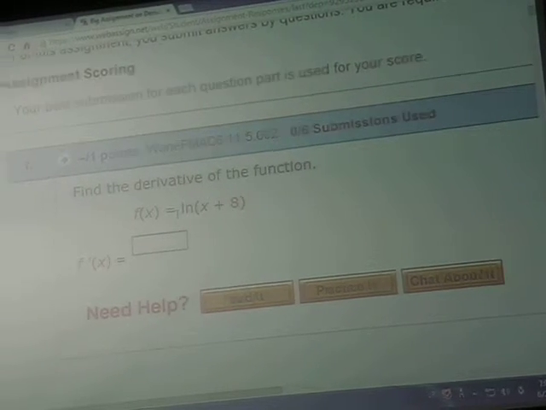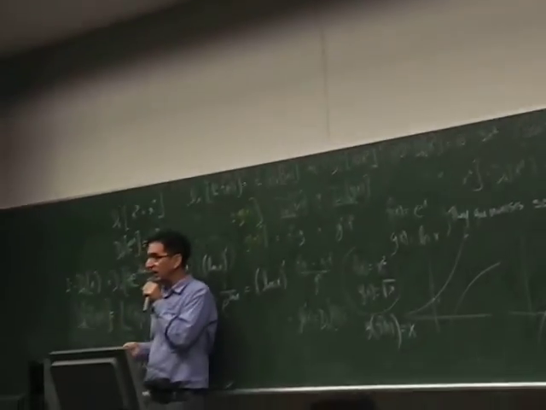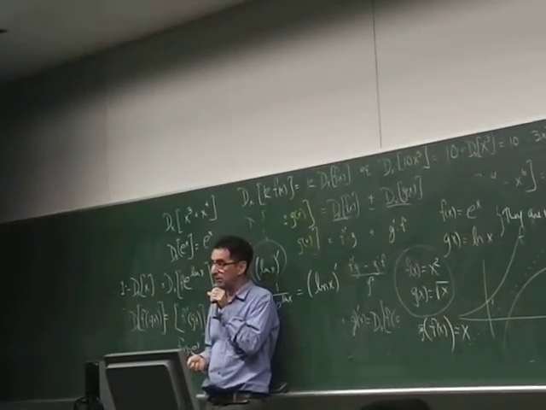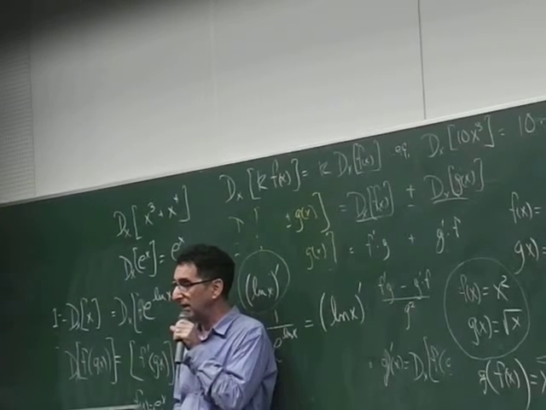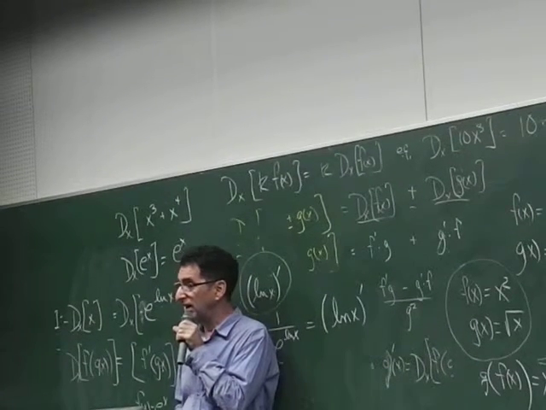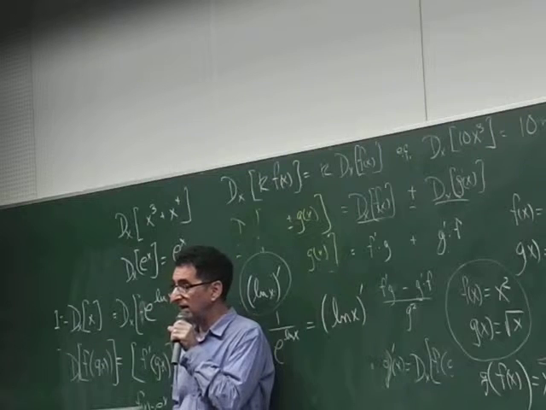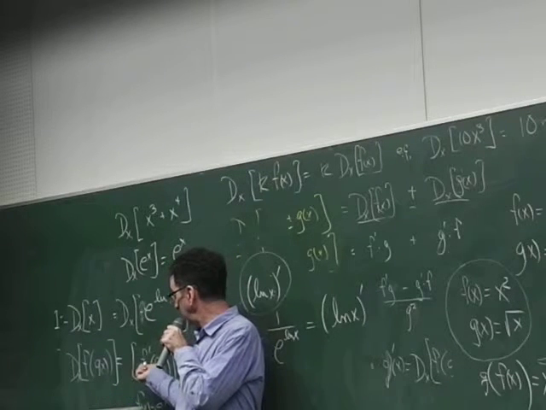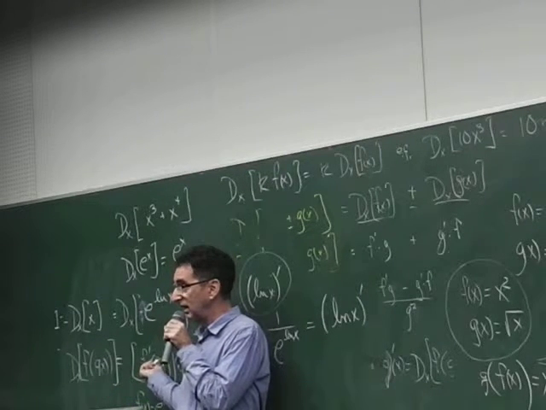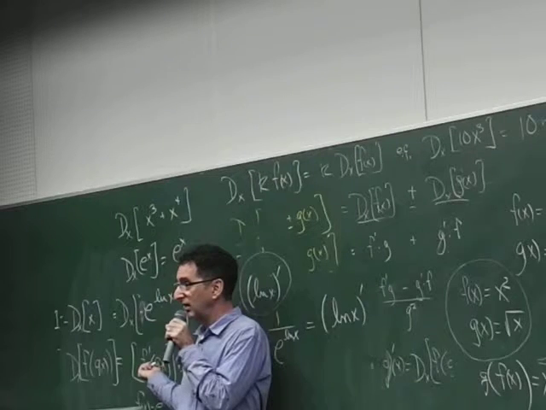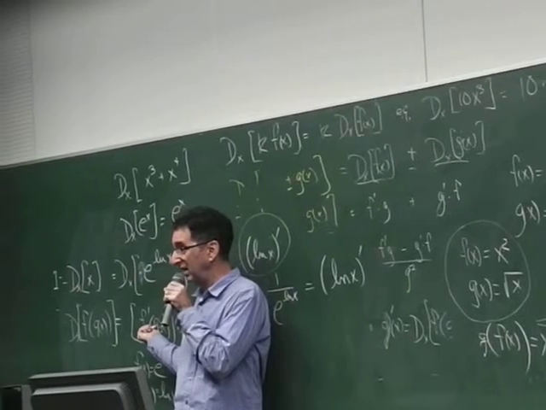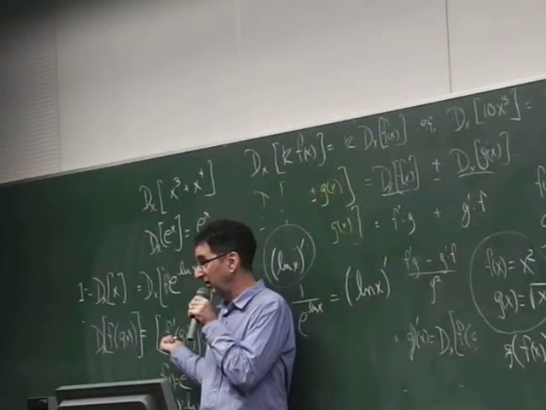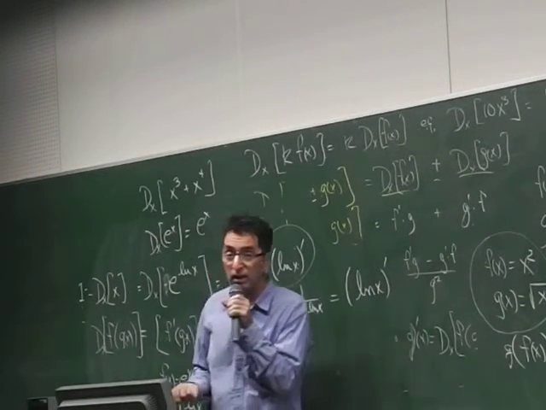So, what do we have to do? Take the derivative of the outside, ln, so the derivative of ln is what? 1 over, okay, but it's not 1 over x, it's 1 over g, because we're putting g in. It's 1 over g, which is 1 over x plus 8.